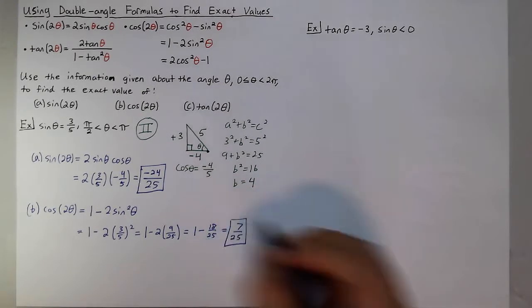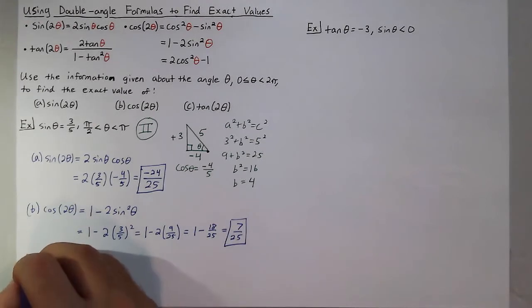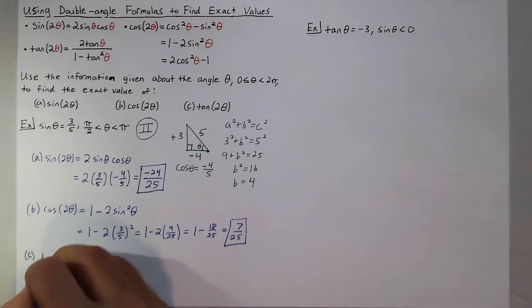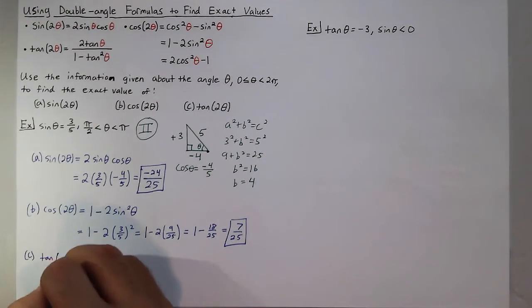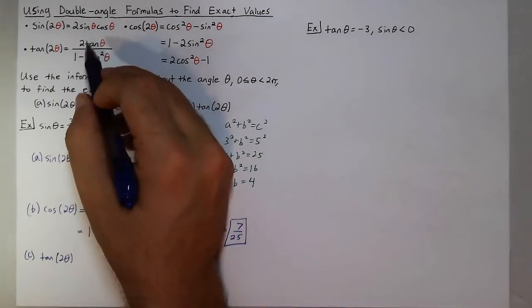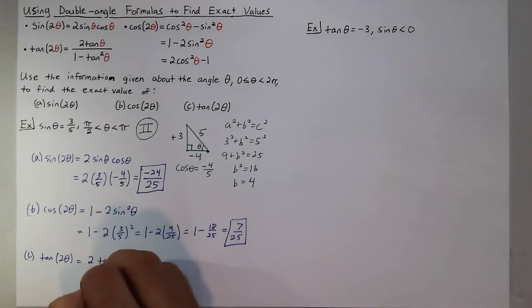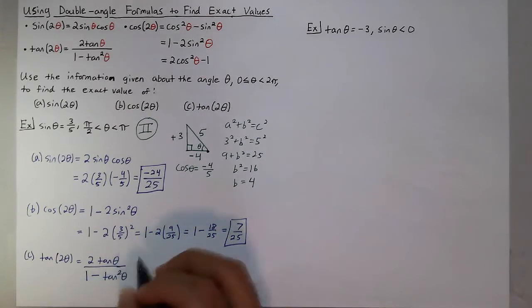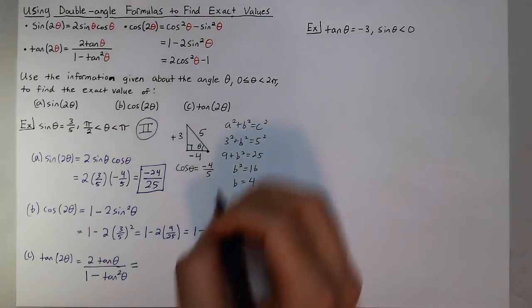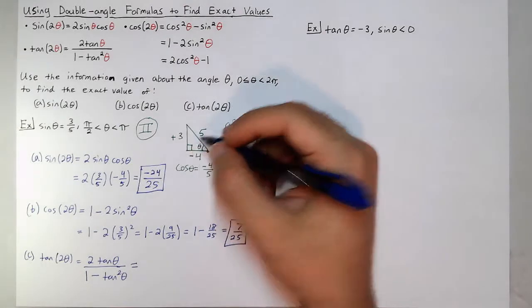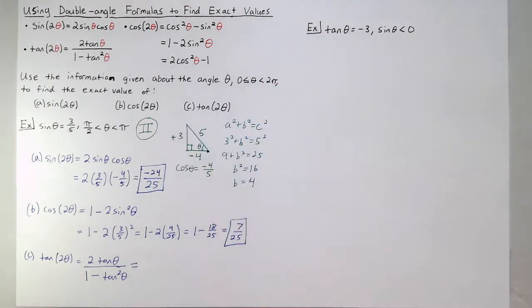theta. Now if I'm looking for tangent of 2 theta, that formula requires us to know tangent, because it's 2 tangent of theta over 1 minus tangent squared of theta. So tangent, using that same reference triangle, is opposite over adjacent.